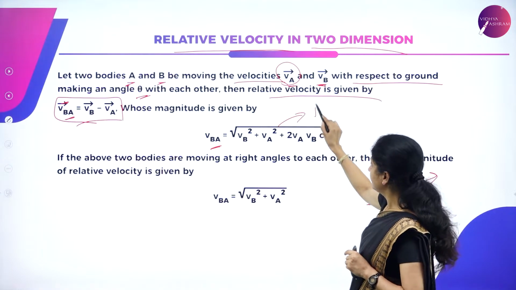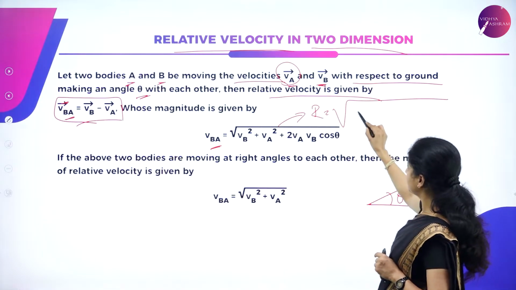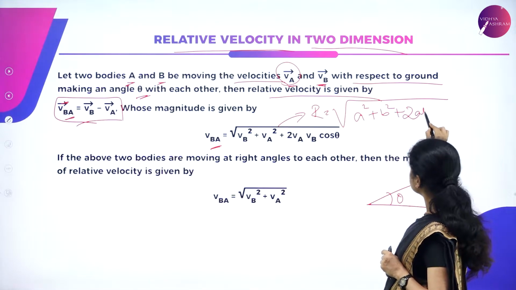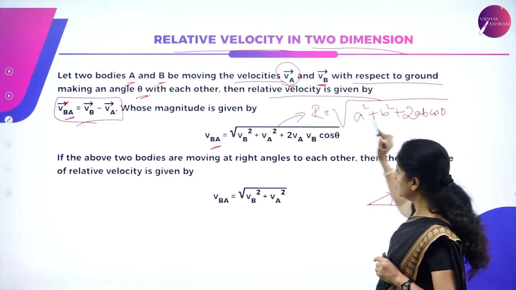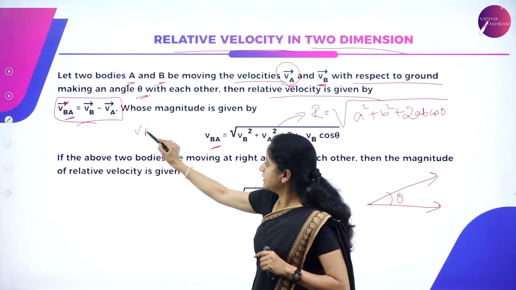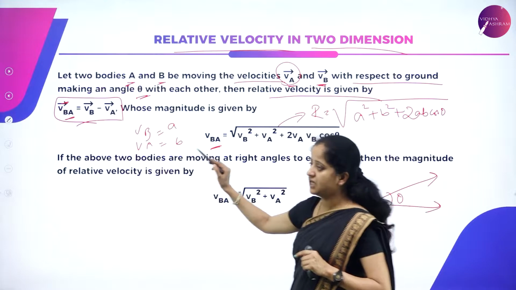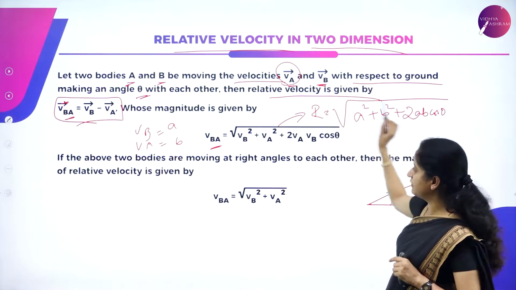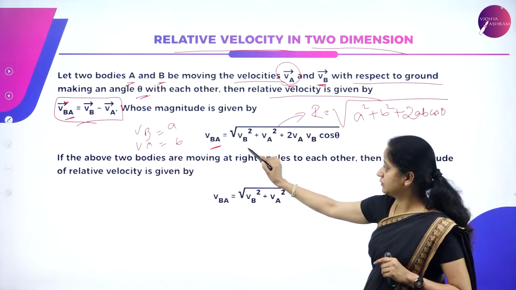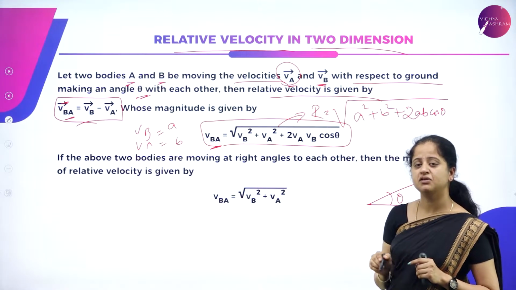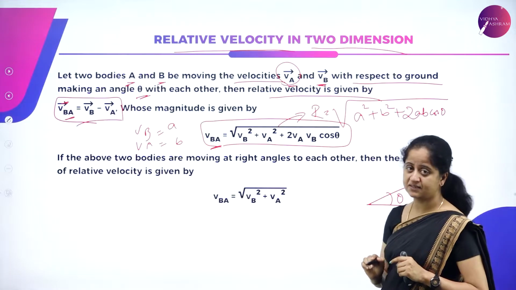This is because the resultant vector can be expressed in the form A square plus B square plus 2AB cos theta. Let us consider VB as A and VA as B, and we get the resultant magnitude as root of (VB square plus VA square plus 2 VA VB cos theta).